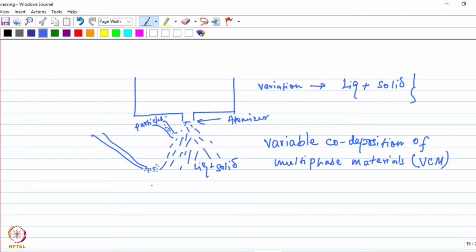Right, so here also at the end of the spray chamber you have a substrate on which this mixture of the reinforcement and the metal will be deposited in the form of a composite.